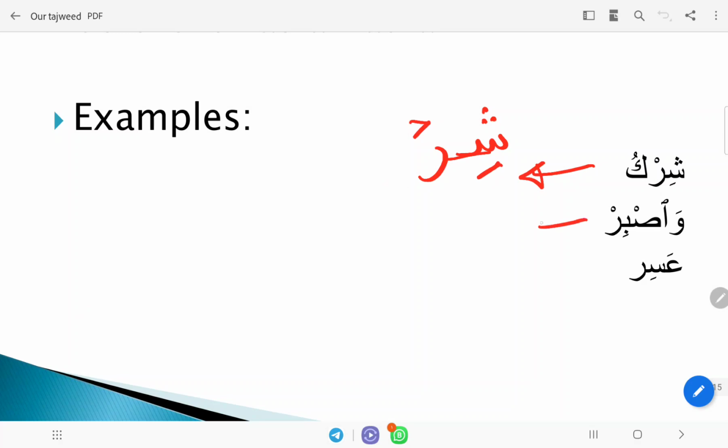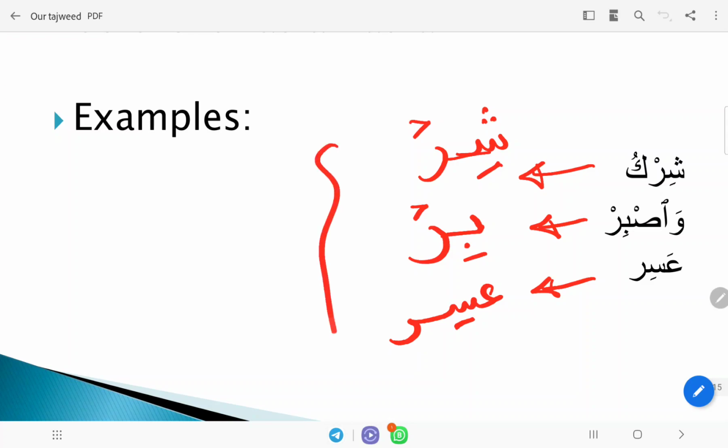In the next word, wasbir, the ra also has sukun, and it is preceded by kasra. Here, asir. The ra here is sakin and preceded by kasra. All this, the ra is light, not heavy.